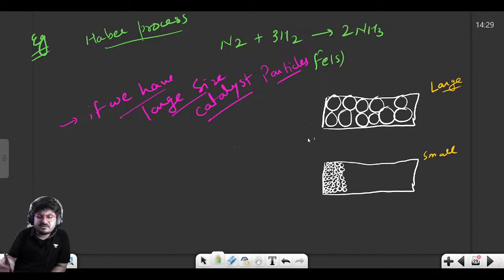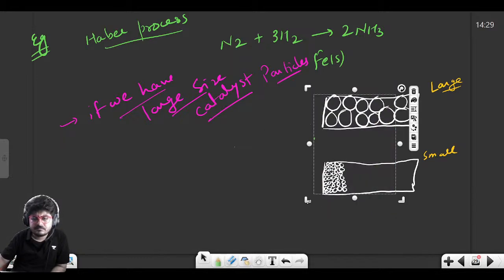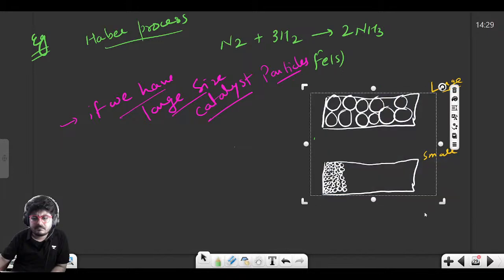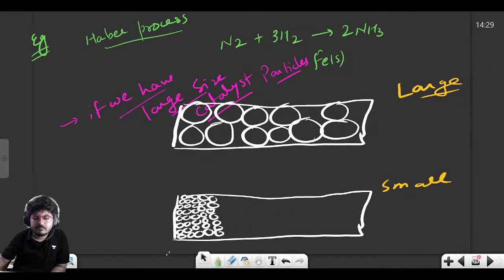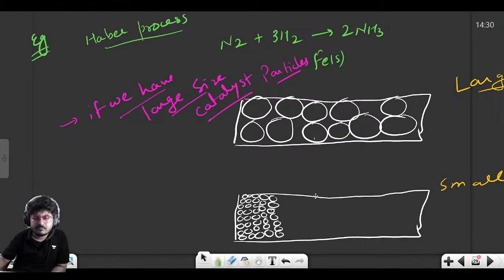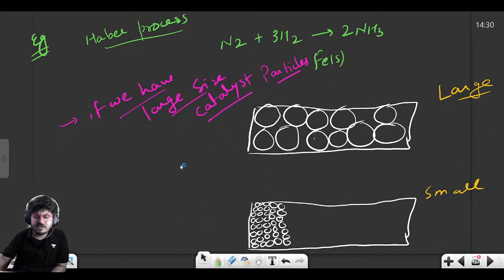So now just understand this with one simple example. Think like this. I hope now it is clear.